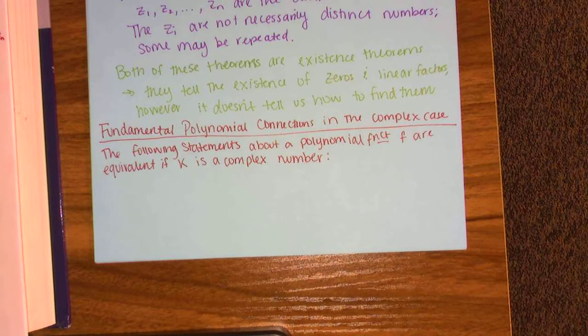Negative 1. i cubed? i to the 4th? 1. Remember, i squared is negative 1, so i to the 4th would be positive 1. So remember, it goes i, negative 1, negative i, 1. That's the order that it follows. I'll write them down in a minute once I'm done with these. I just wanted to see if y'all remembered them.